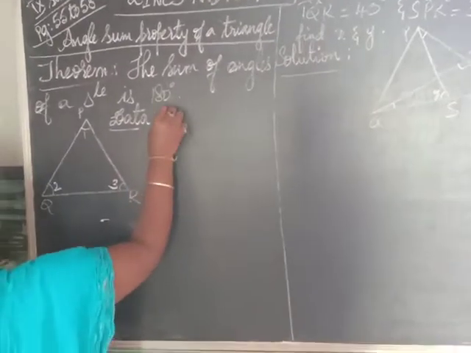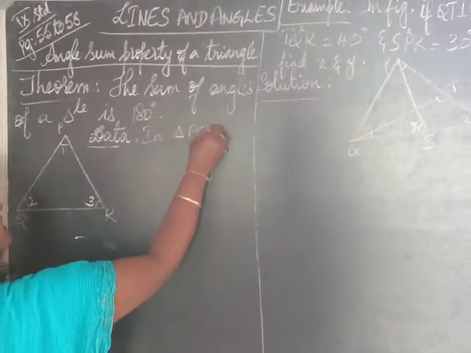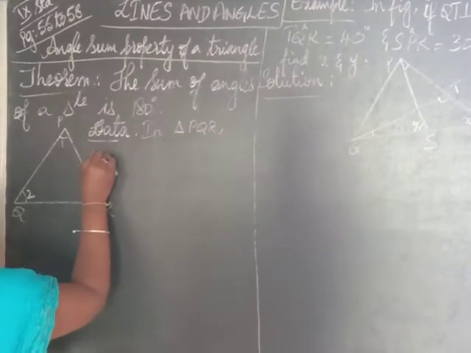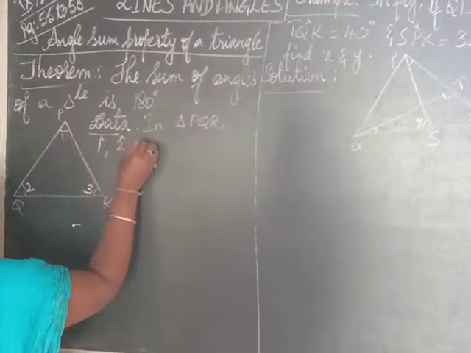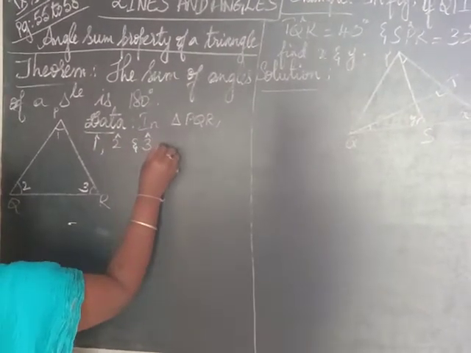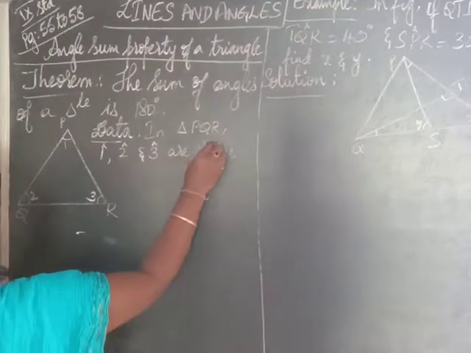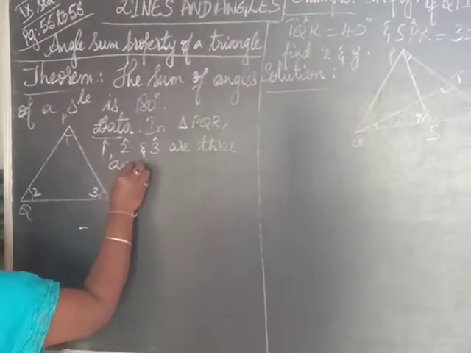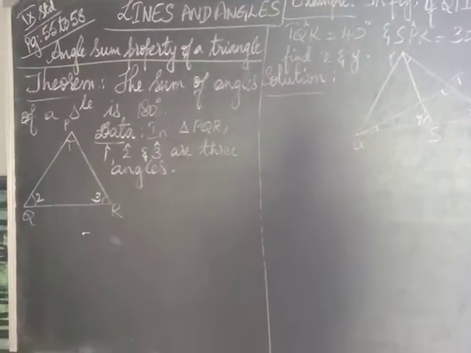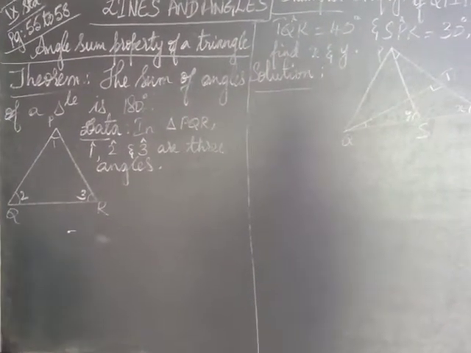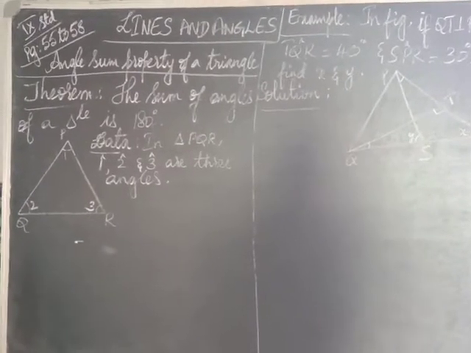In triangle PQR, angle 1, angle 2 and angle 3 are the 3 angles. Now next is what?